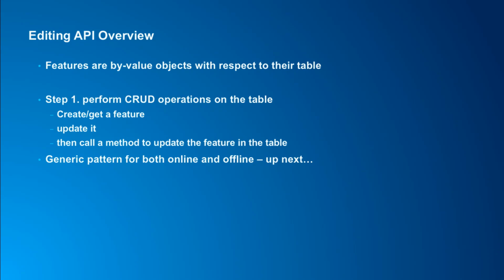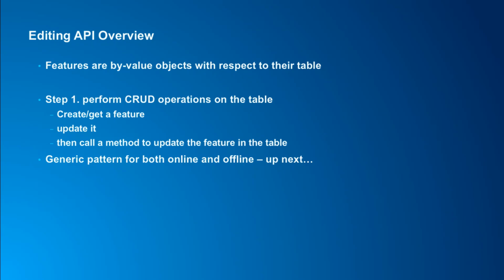However, features are an exception to that, because features are a row in a table, and they're actually by value objects. You get a copy of it, you edit it, and when you want to apply the changes, you actually have to call an operation on the table to apply that back. So features themselves are not one of the things that are by reference. They are by value, essentially.